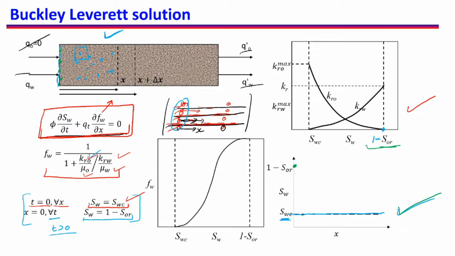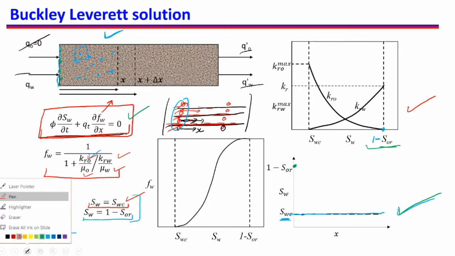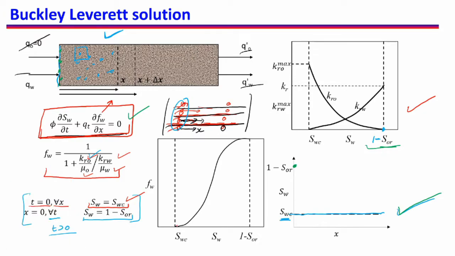Now in the mass balance equation we are using Fw. So how does Fw look as a function of Sw? Let us take a few points. First of all, let's take the point SWC. At SWC we will use the Fw formula, which is given by this.